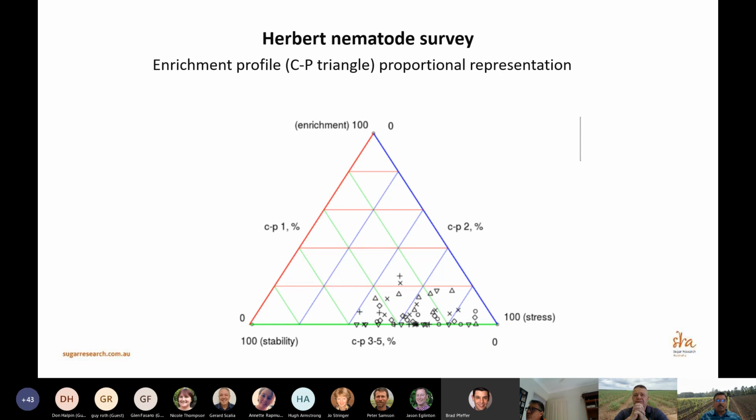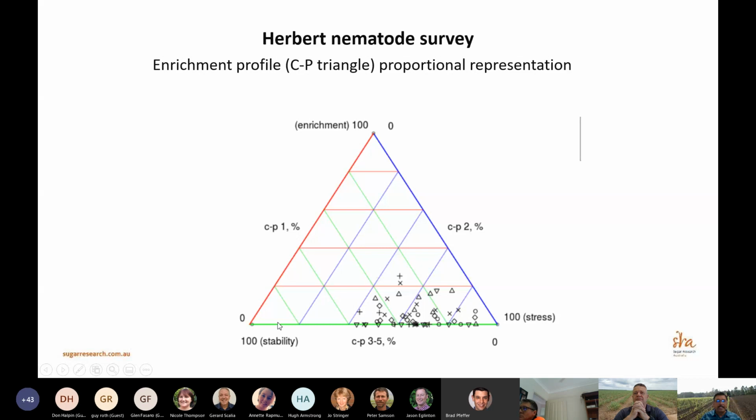We can also present this in a different way. This is what we call the CP triangle, which is much easier, as we can visualize the problem. So what does it mean? In this graph, if you are in this position, you are in an enrichment condition. That means there are lots of bacterivorous nematodes.